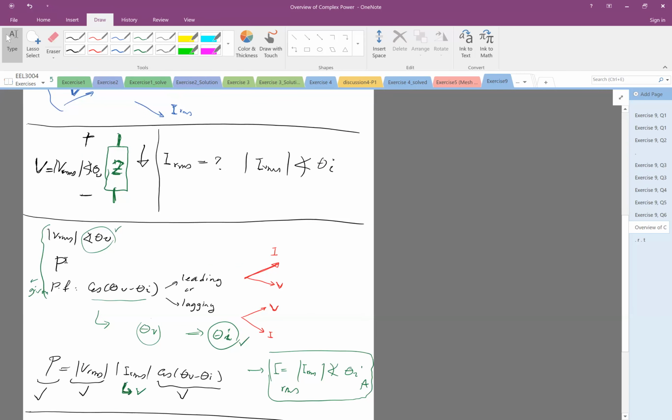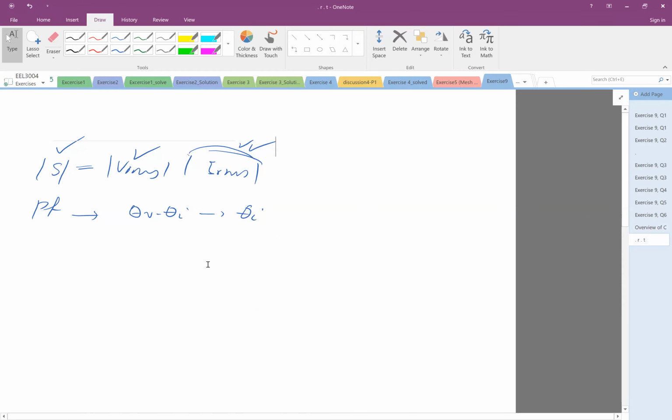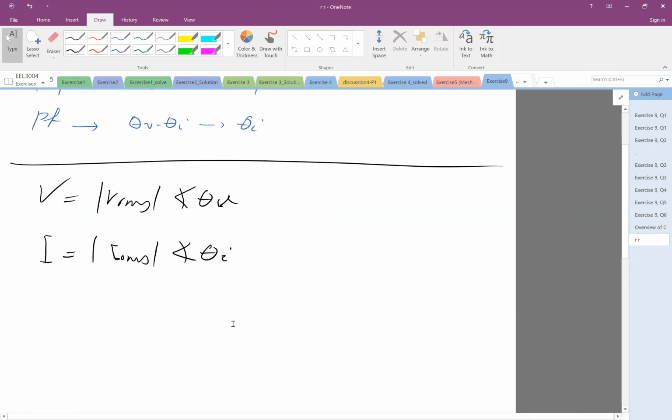And let's say after we find the current, somebody says, okay, now what is S? What is the complex power? Right, this can also be a scenario. So let's say V was given as magnitude and phase, and you also calculated I as magnitude and phase. Now, if you want to find S, what is the complex power?